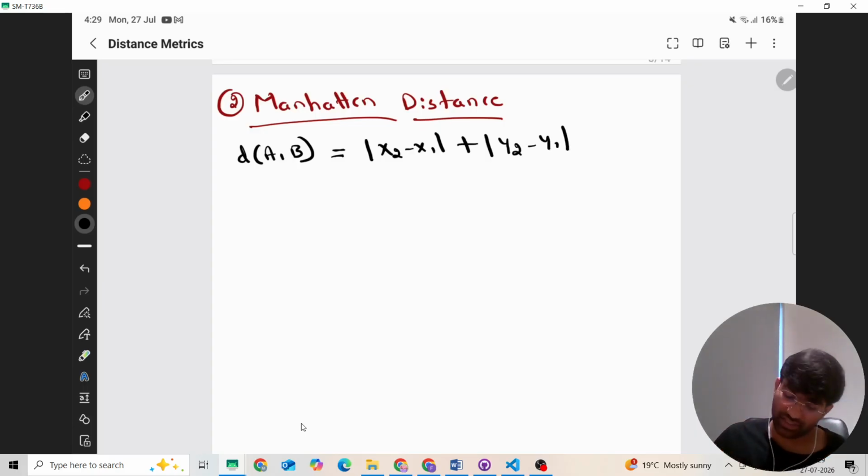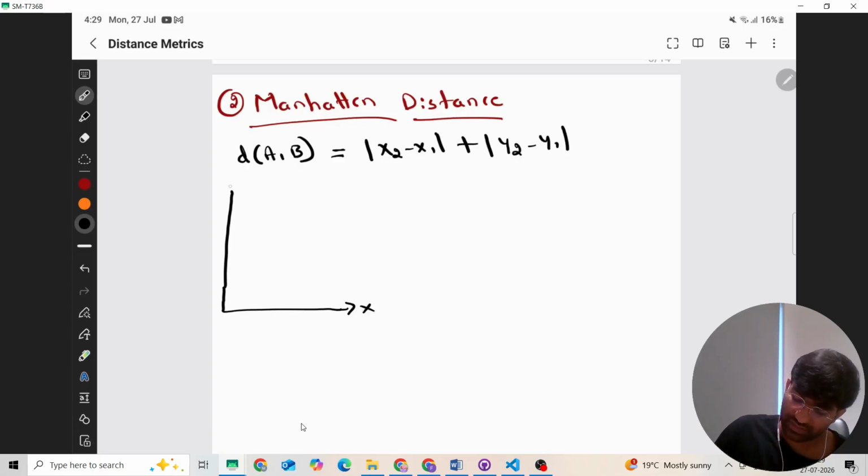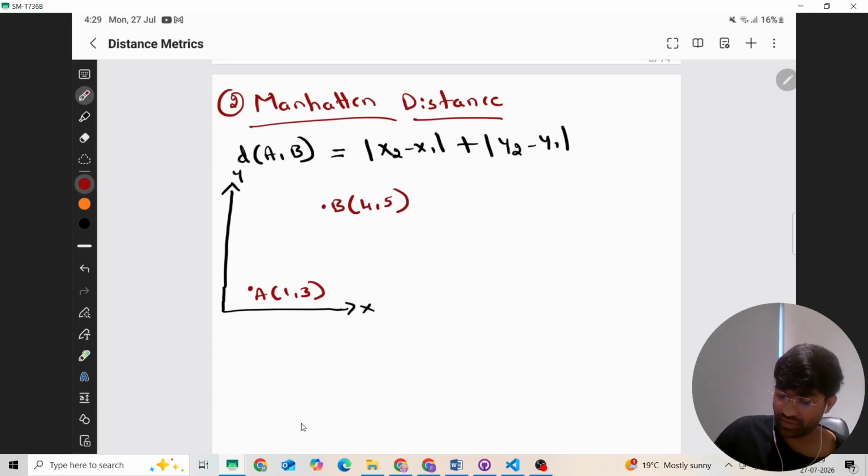What is this saying? I will show you with an example. This is x, this is y. This is our point A, where the value is 1 comma 3. This is our point B, value is 4 comma 5. This is x1, this is x2, this is y1, this is y2.